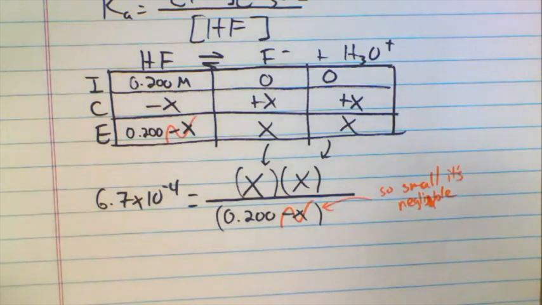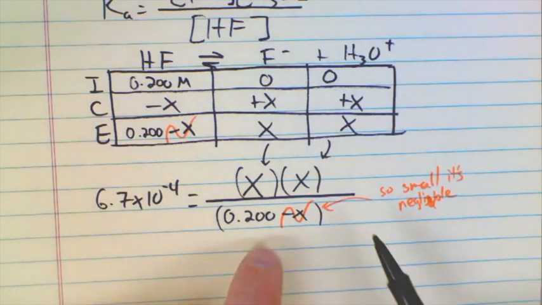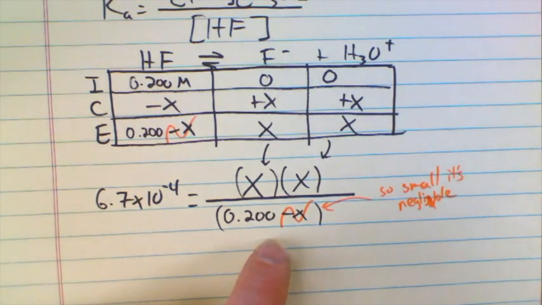You could actually solve this with leaving x in. Anybody know how you do it? You know how to do it. What do you do? Oh, no. If you didn't eliminate x. Yeah. Something close to that. Anyone ever heard of the quadratic before? You can use the quadratic to solve it.